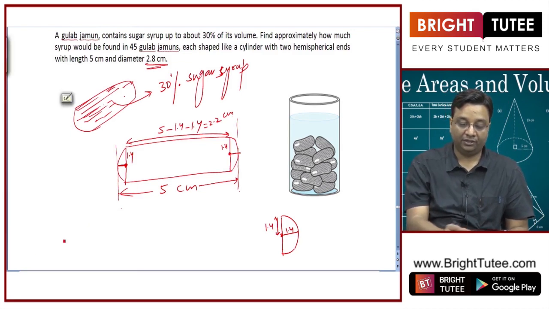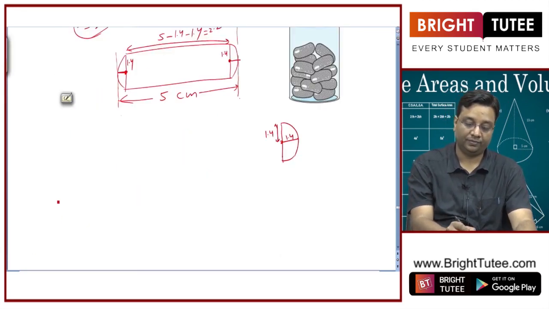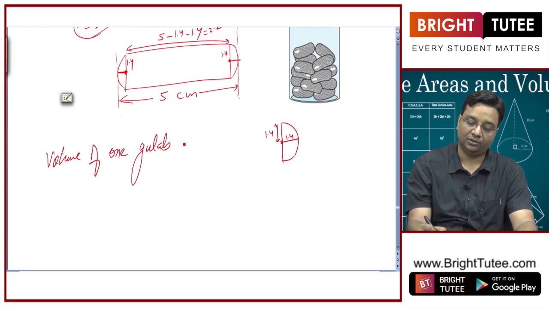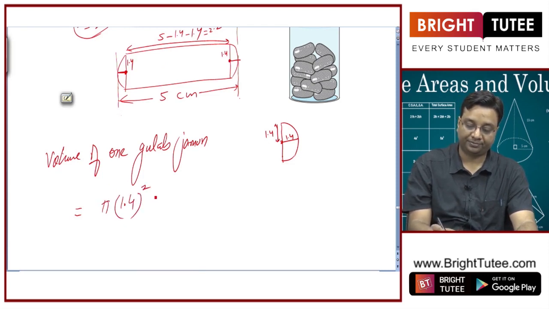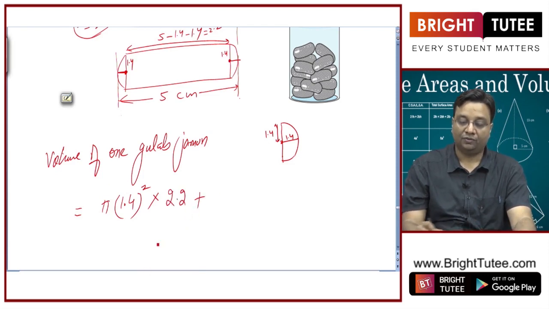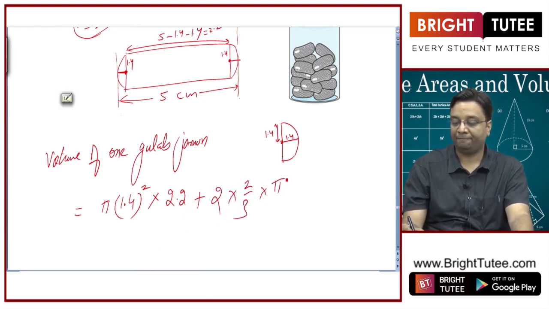So I can calculate the volume of one gulab jamun. Volume of one gulab jamun is equal to volume of the cylindrical portion, which is pi r squared, 1.4 squared, into its height, which is 2.2, plus volume of two hemispherical portions, twice of 2 by 3 pi r cubed.